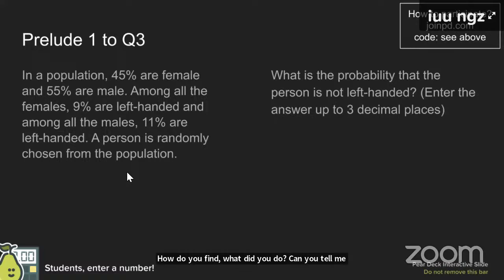In Bayes theorem, we use conditional probability that one occurred and another is occurring.